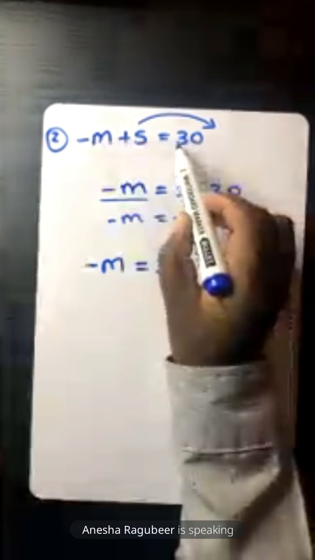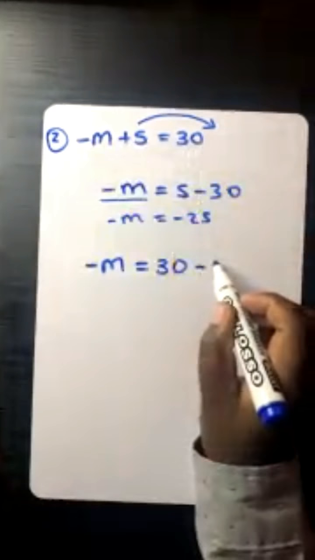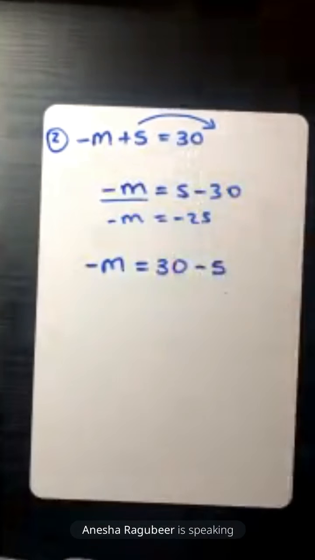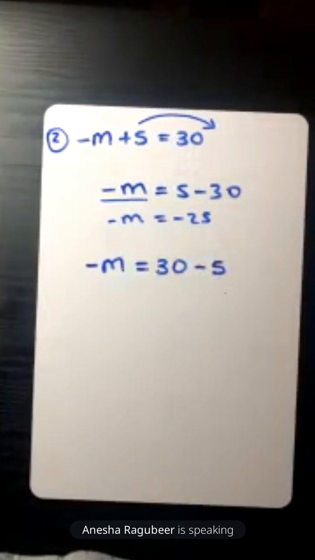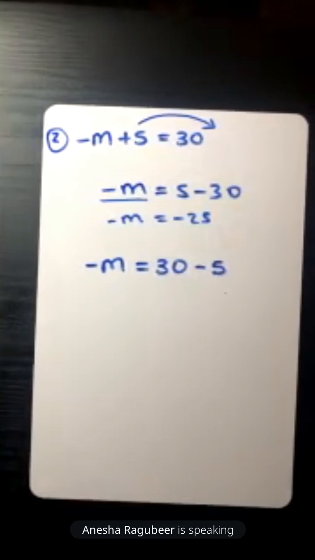Only after you've written that 30, then you can write the number that you are transposing in the opposite sign. Yes, sir. So, Shreyas, now I'm going to give you an opportunity to give it a try for the last time. I'm sure you're going to get it right this time around.